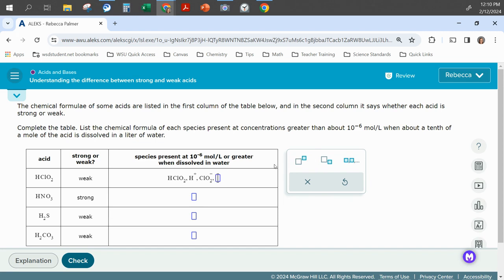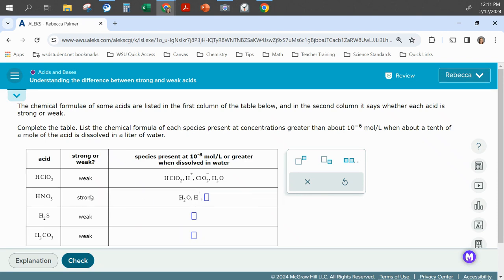Okay, so all of these should have water. All of them should have hydrogen ion.